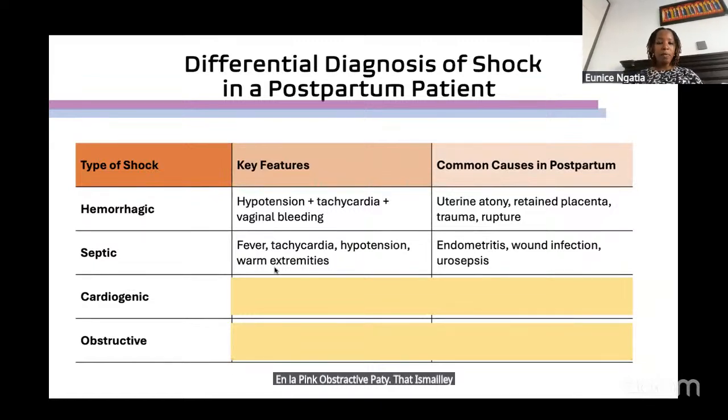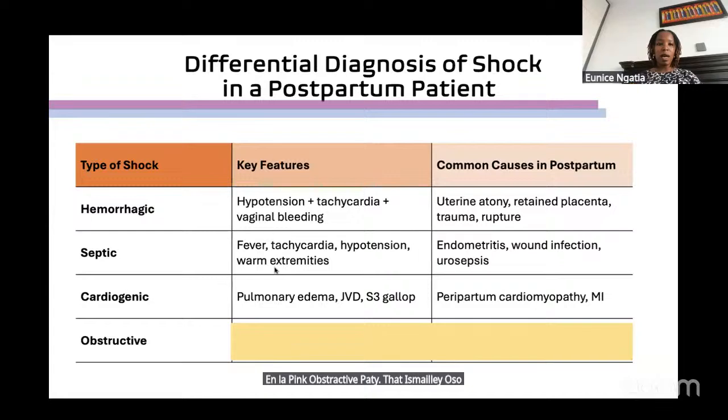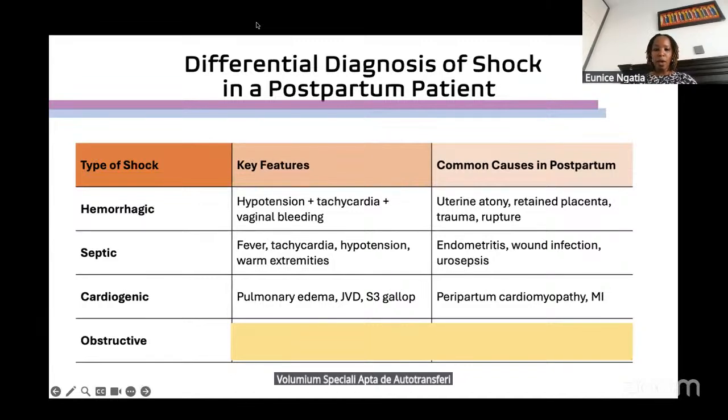Also, we may have some patients with undiagnosed heart issues, maybe valvular issues. So when they get an overload, they may not be able to handle the volume, especially after the autotransfusion, which can also trigger cardiogenic shock. Thank you. And MI also, thank you.